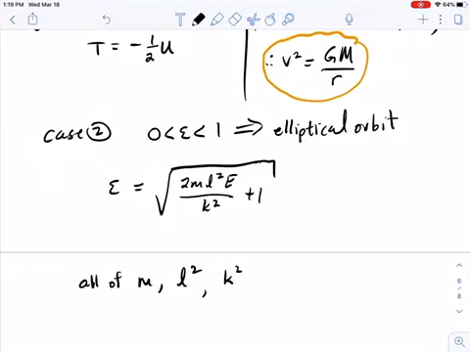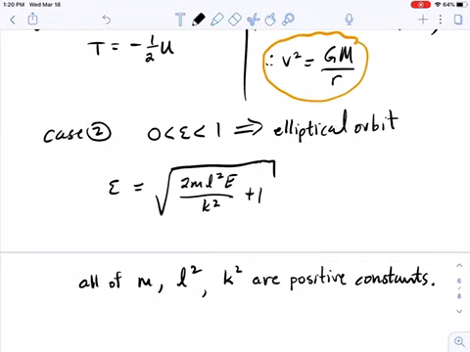These are all positive constants. And so the only other thing that's in there is E. And so we have a bunch of positive constants times E plus 1. And we want to get a result for the eccentricity that is between 0 and 1.